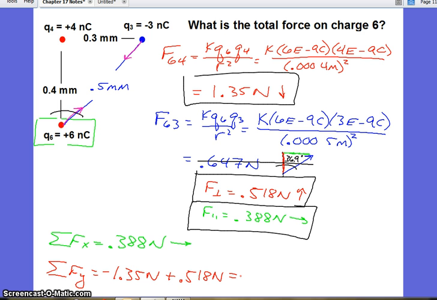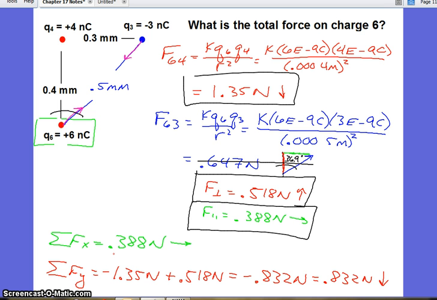And I get my total comes out to be negative 0.832 newtons. And that simply means 0.832 newtons, the negative means down. So the progression here is find those individual forces. If necessary, break them into components. Find the total x and the total y.